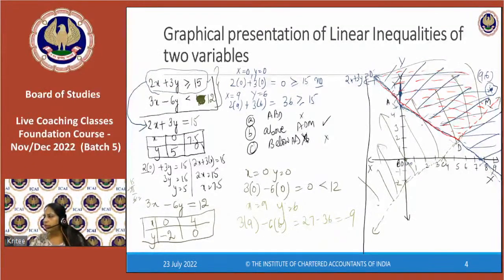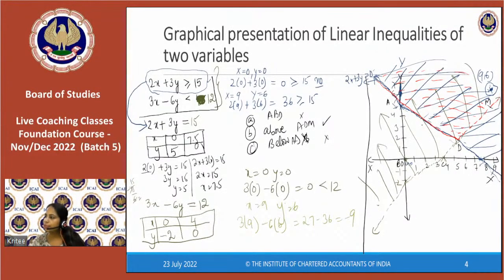No, Divya, graph representation will not come in your paper. You might either be given the graph already, or you can make a rough graph for your understanding of your answer. But nobody is going to test you on graph. I am just teaching you so that you understand how to solve a particular inequality question if it arises. Now Khushdeep is asking, ma'am, how can we know which part to shade?